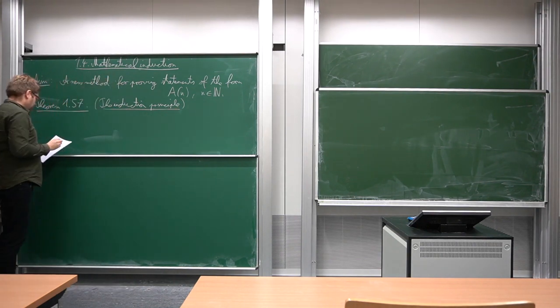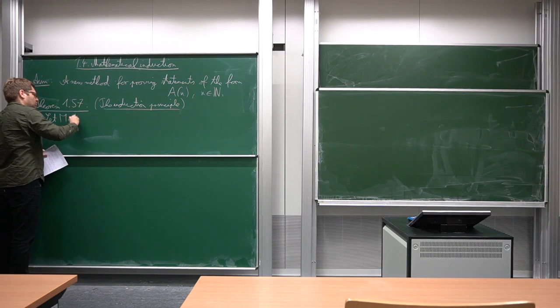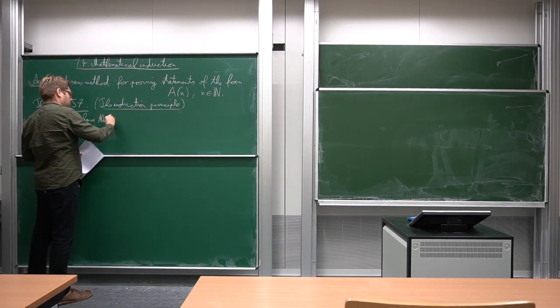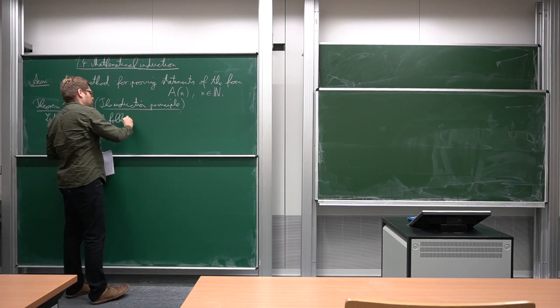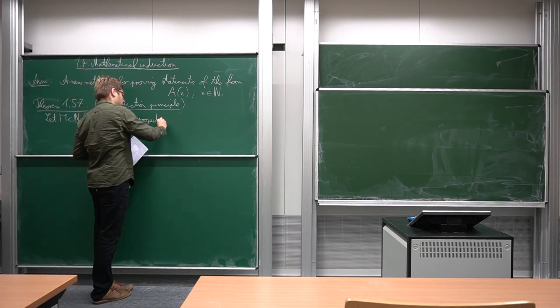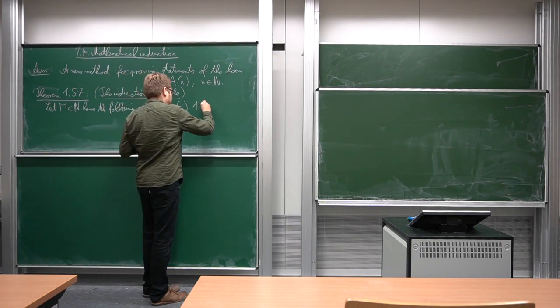Namely, assume we have a subset of the natural numbers called M, which has two simple properties. First of all, 1 is contained in this set.